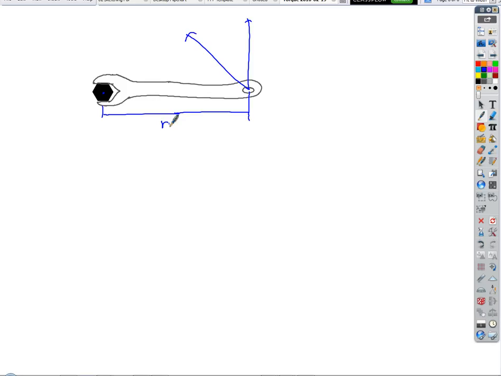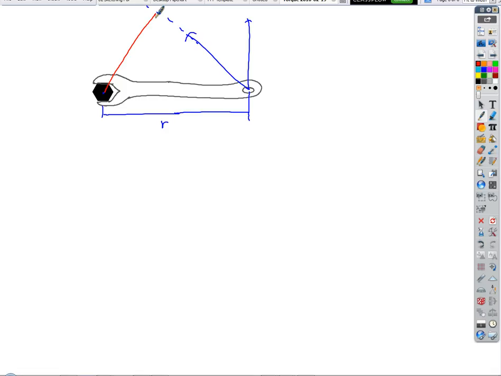So if I push in this direction right here, for example, then the lever arm is only going to be that long, because the line of force gets closer to the center of the bolt than the end of the wrench. So in what direction do I want to push?